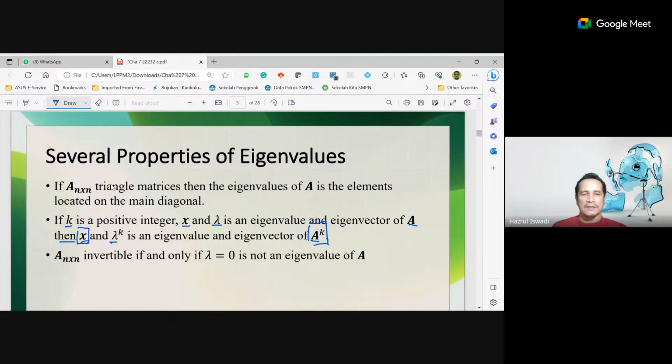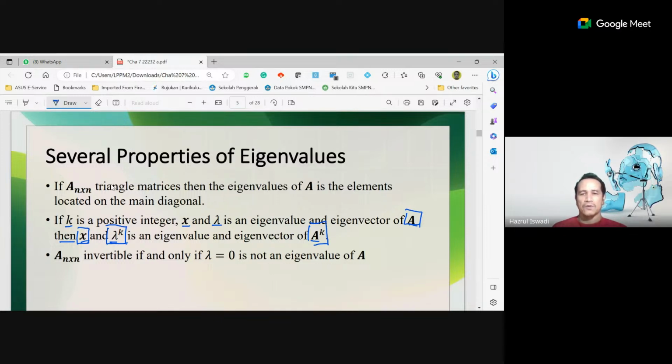The eigenvectors are the same as the eigenvectors of A, and the eigenvalue is lambda to the power of k.